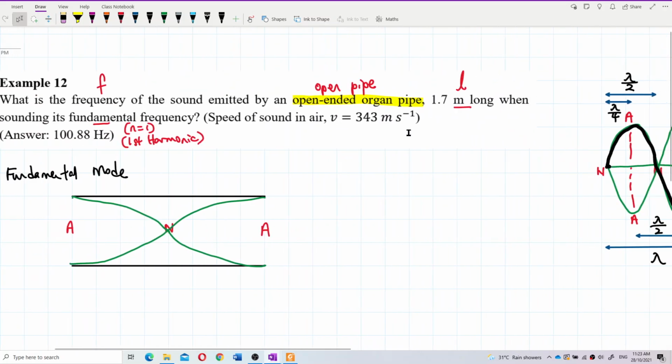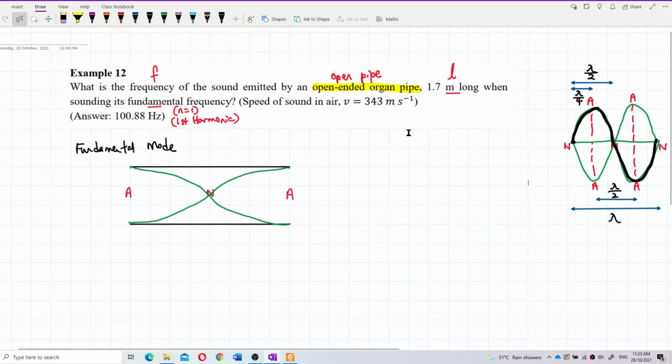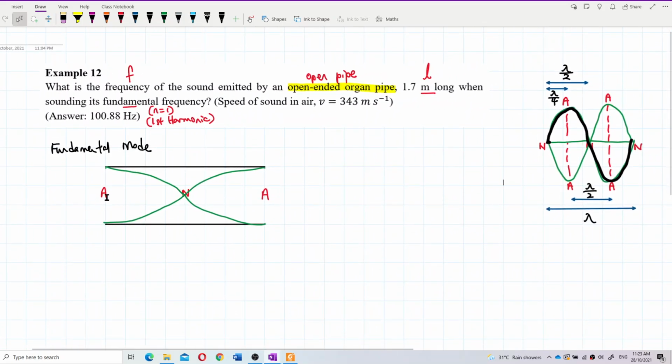So how long is this, from node to antinode? Node to antinode is 1/4 wavelength. From antinode to antinode is half wavelength. You see that? Let's write down.